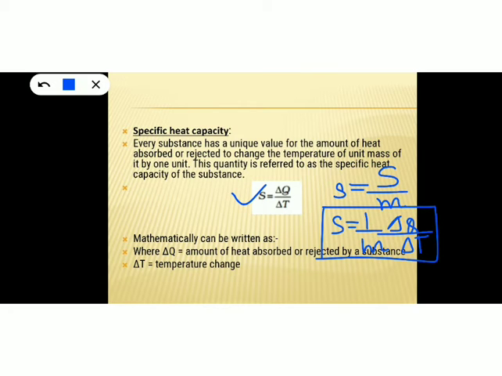This is the expression to find specific heat capacity, and the SI unit of specific heat capacity is joule kilogram raised to minus 1 Kelvin raised to minus 1.